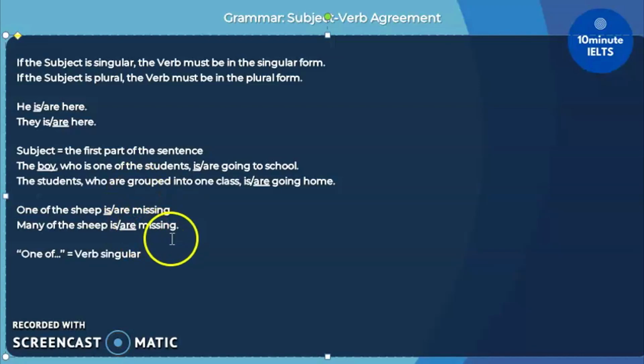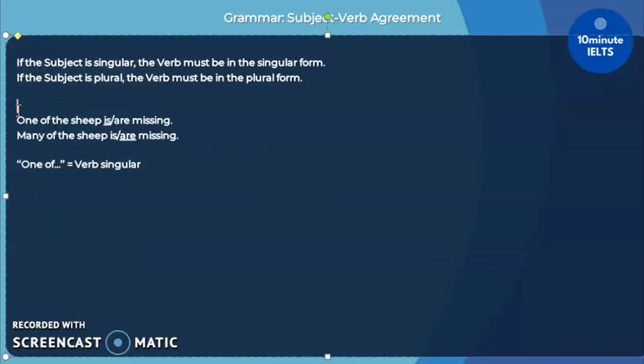Now, this can get a bit confusing with the other type of quantifier. Let's take this out a bit for more space and compare that to a number of sheep is or are missing. Now, it says here sheep is still the subject, but now we're talking about a number. And the question is a number a lot or just one?